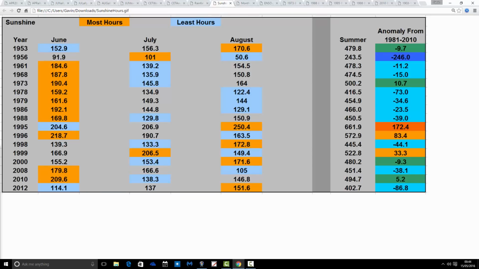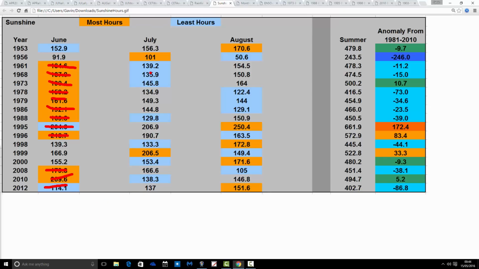And in terms of the sunshine hours that James has sent through, again, June tends to have the most sunshine. The orange boxes here show us where we've got the sunniest of the summer months. The blue boxes tell us where we've got the dullest of the summer months. And again, we see that June very often gets the best sunshine out of these 17 summers, with just 2 that are coming out with the worst sunshine hours in June.